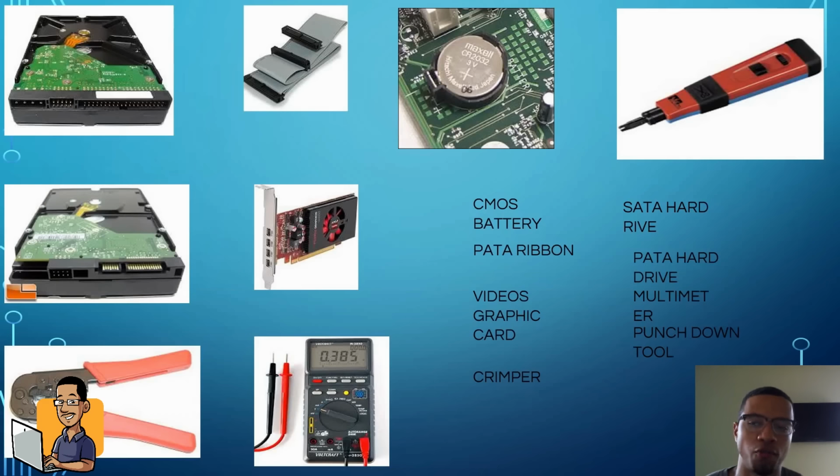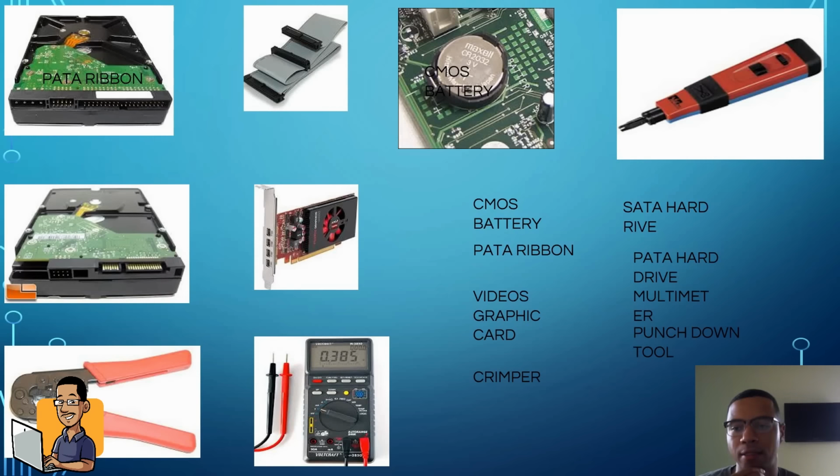All right, let's go through a few more things. We got some words on the right. How do they match up to the pictures? So the words on the right are descriptions of these pictures, but where do those words actually go? Perfect. So that thing is the CMOS battery. Then we got the PATA.